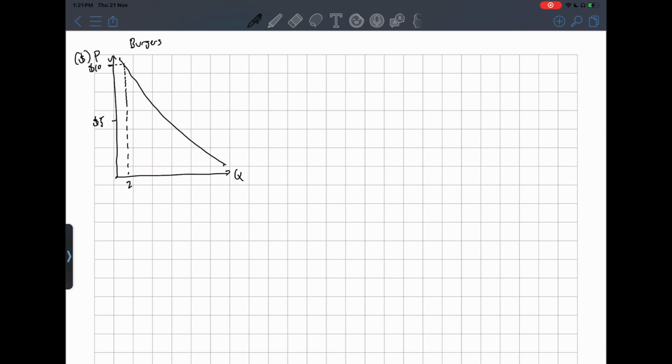Once again, we don't move the demand curve at all. We simply just go along the curve. So $5 goes to this point along the curve, and it goes to here, right? So let's say 10 people are willing to buy our burgers. So the quantity demanded at $5 for a burger is 10 people or 10 units, right?